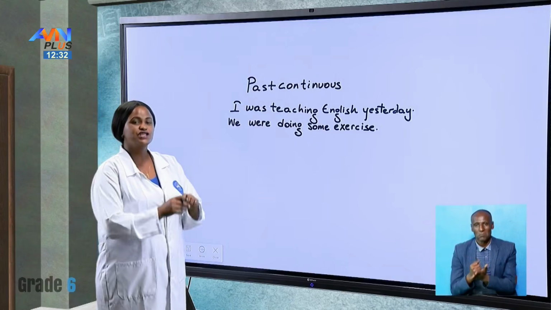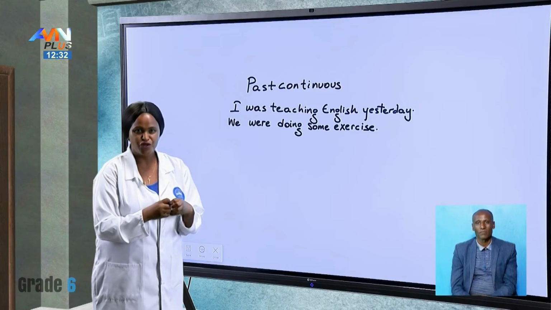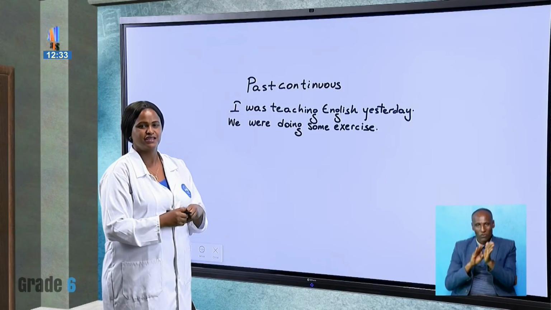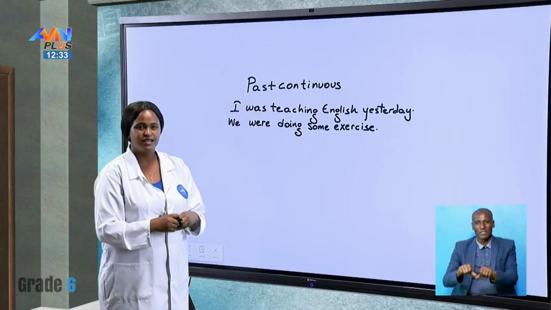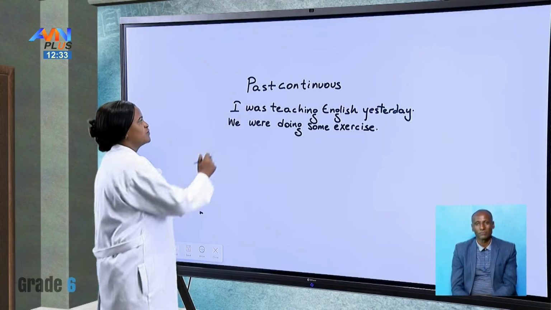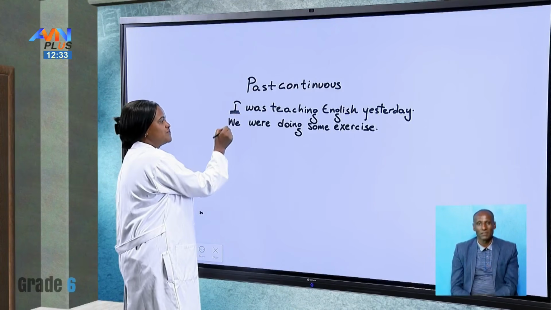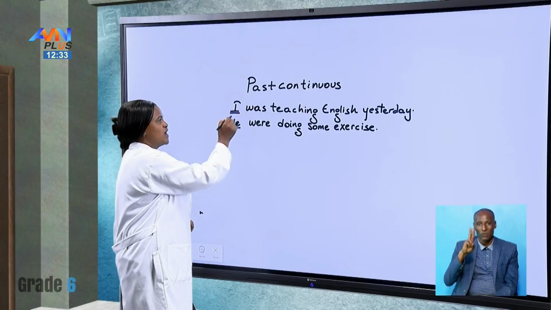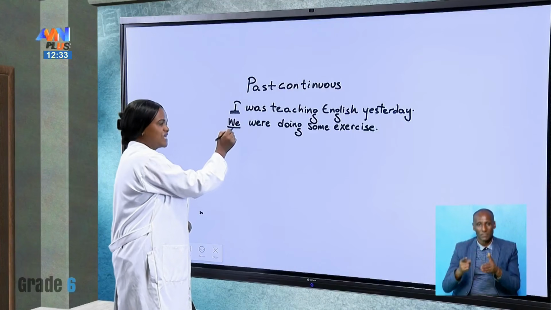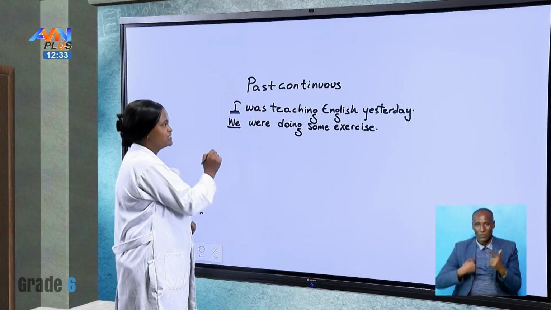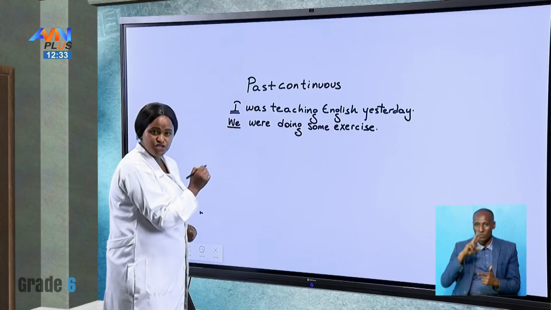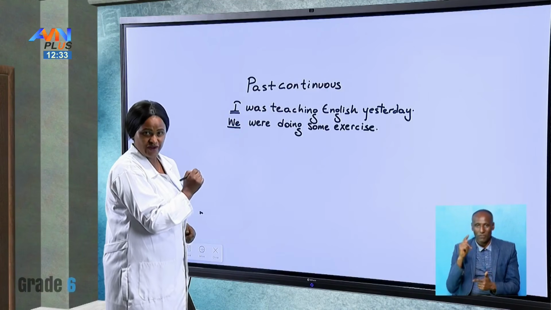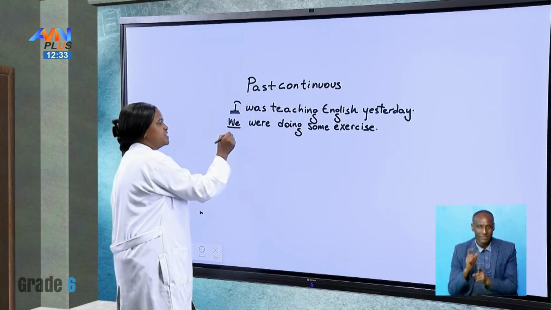Now, let us bring out the form of past continuous. Can you do that with me? Let's go. What do we have here in both of the sentences? On the first one, we have I. On the second one, it is we. These two are the subject of the sentence. Correct? So, what do we have first? Subject.